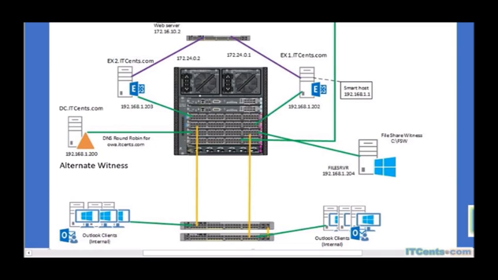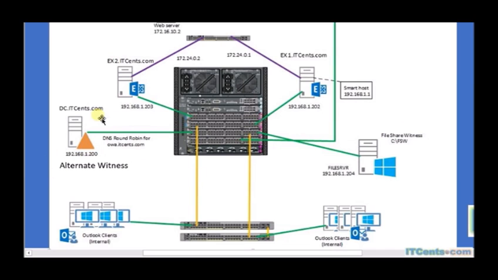So I guess it's clear what we want to achieve. We have a single site, and we have a 2-node DAG. We will enable DACP, which is the Data Center Activation Coordinator Protocol, and we will configure an alternate witness. By the way, the alternate witness is not something that will take over automatically. Keep this in mind. It's not automatic recovery.